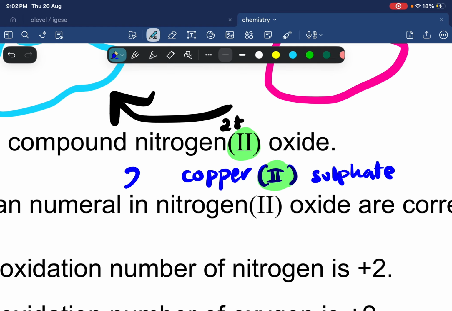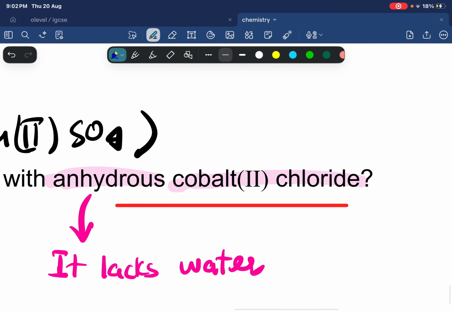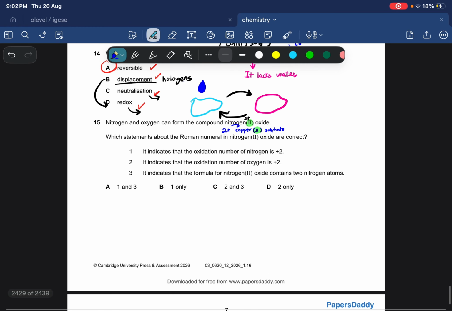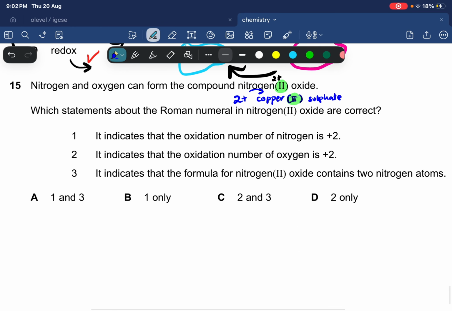That means copper has a 2 positive charge, because when you're dealing with transition elements, transition elements are the ones that have variable oxidation states. Because they're variable oxidation states, you write it in the bracket like this. Look, cobalt(II) chloride, that means cobalt, Co, is going to have a charge of 2 positive on it. Got it?